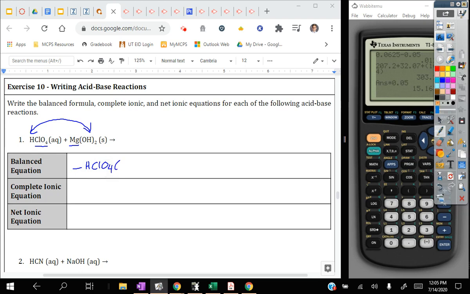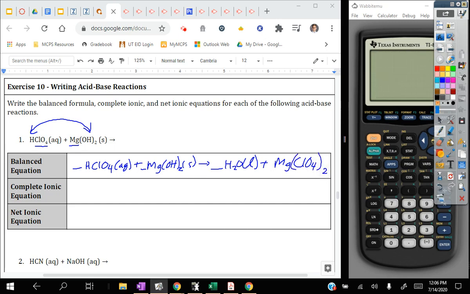So I have HClO4 aqueous plus Mg(OH)2, which is a solid, and I will get water, H2O, as a liquid, and Mg(ClO4)2. I do have to check charges here, +2 and -1, so I needed a 2 on the outside with my parentheses.